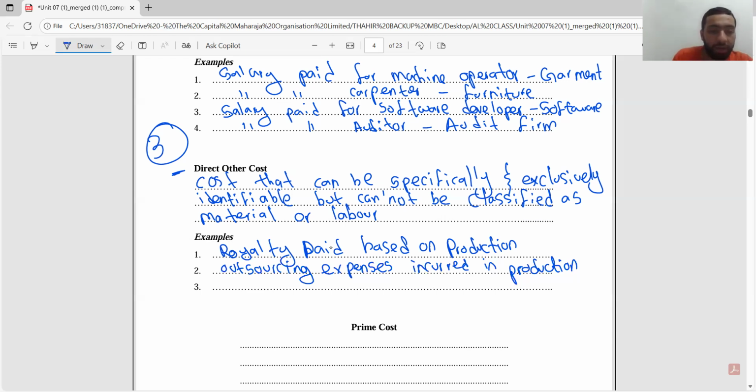Within the brackets, write it down. But if royalty is paid based on sales, it is a distribution, it is an indirect cost.